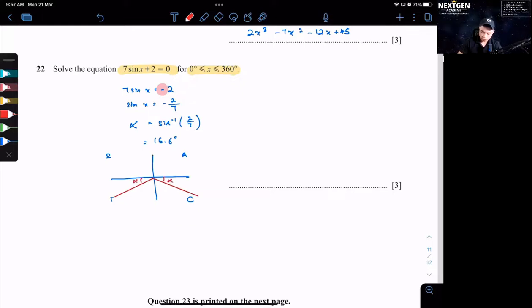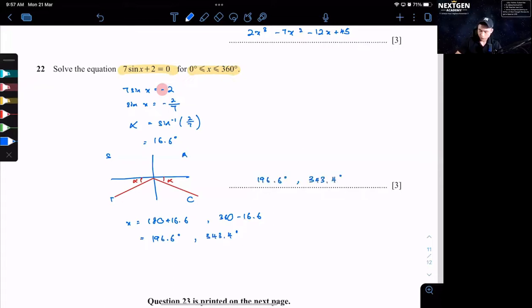So third quadrant and fourth quadrant, it will be 180 degrees plus 16.6 and 360 minus 16.6. You will get 196.6 degrees and 343.4 degrees. Awesome.